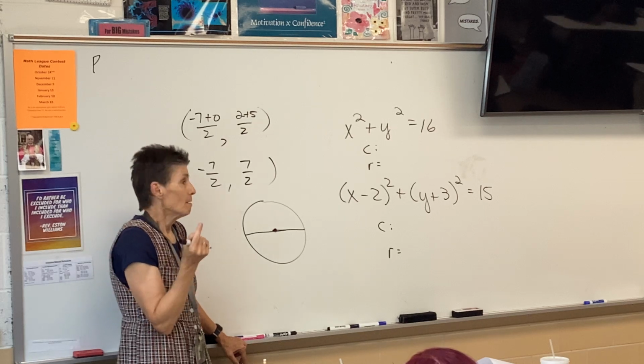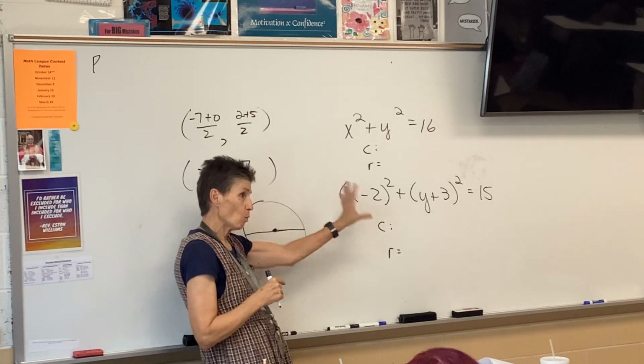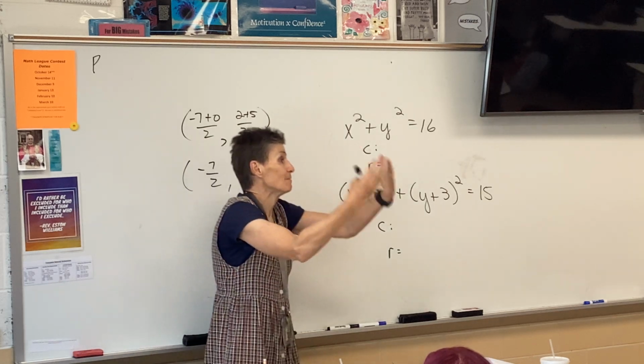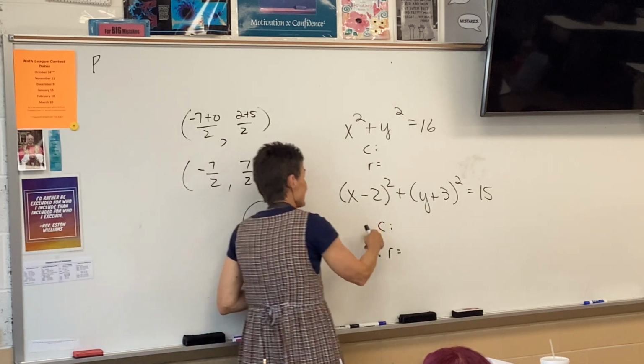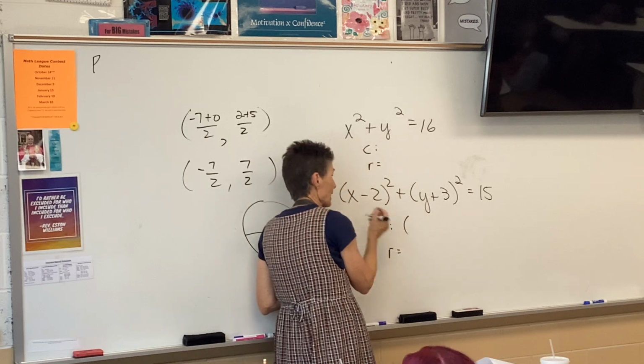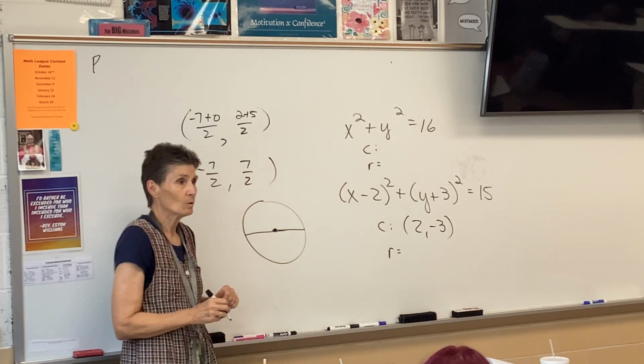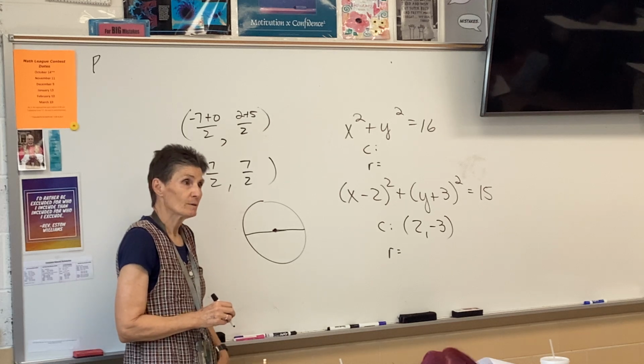But right now, I have the equation. And believe it or not, the equation just gives you the center. The center for this one, this is the second one, is 2, -3. Oh, look at that. Where'd that come from?